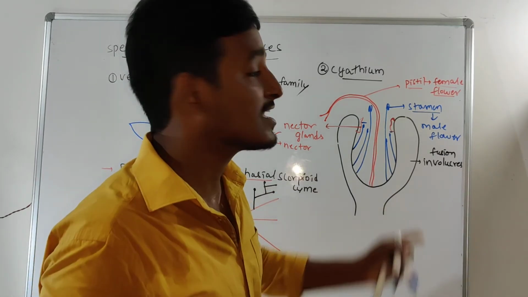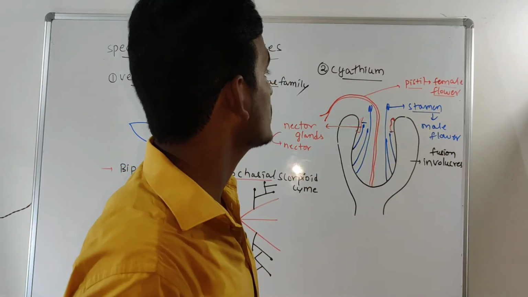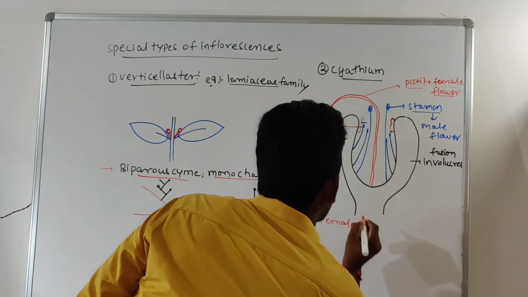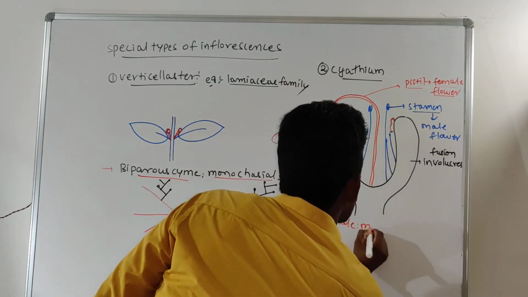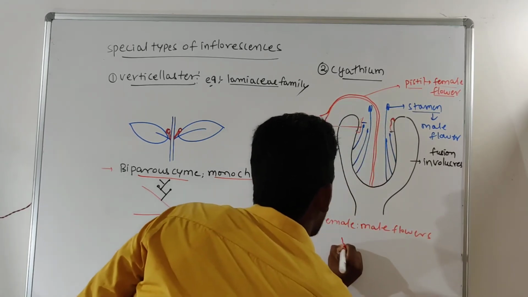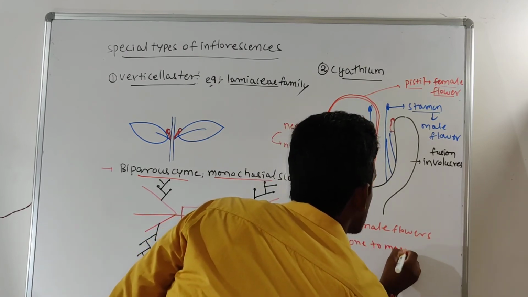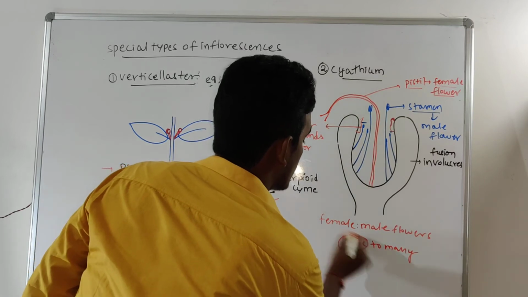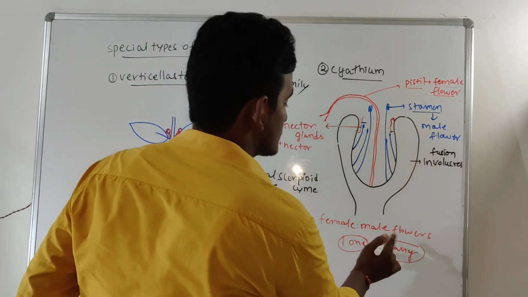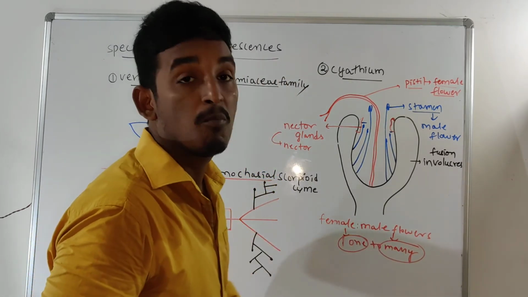What is the ratio of male and female flowers in the Cyathium inflorescence? The ratio of female to male flowers is 1 to many: one female flower and a large number of male flowers.